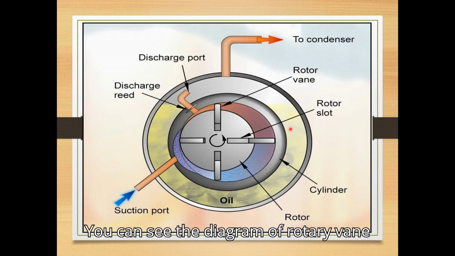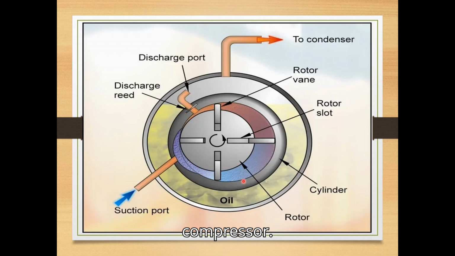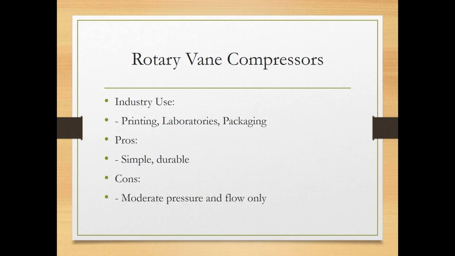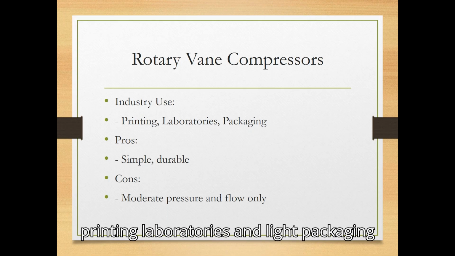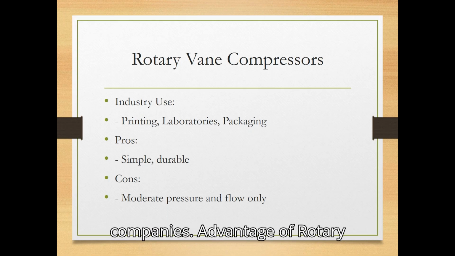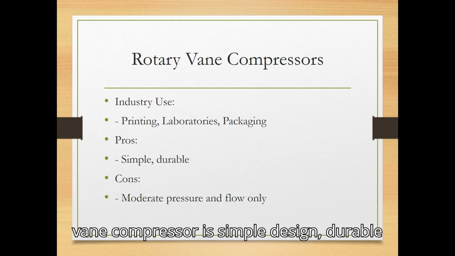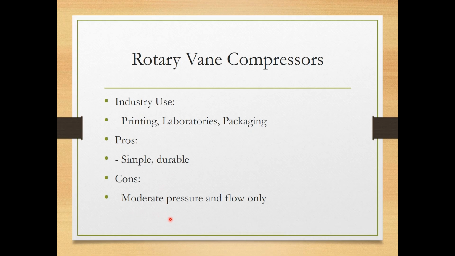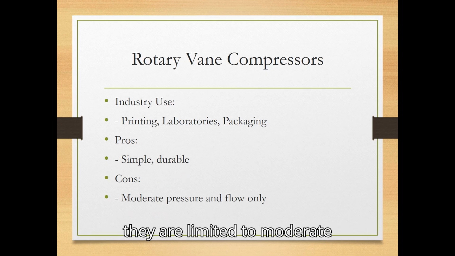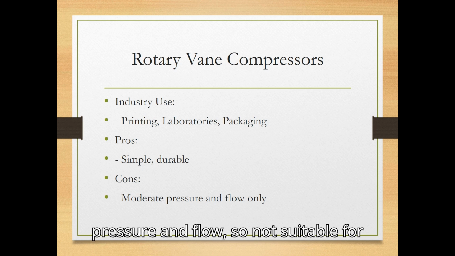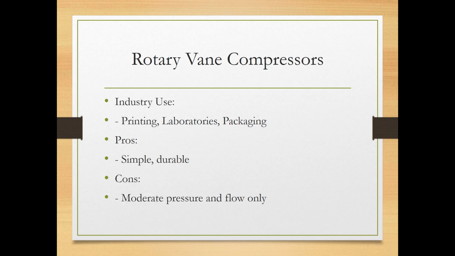You can see the diagram of the rotary vane compressor. Rotary vane compressors are used in printing, laboratories, and light packaging companies. The advantage of rotary vane compressors is simple design, durable and compact. The disadvantage is they are limited to moderate pressures and flow, so not suitable for very large industries.